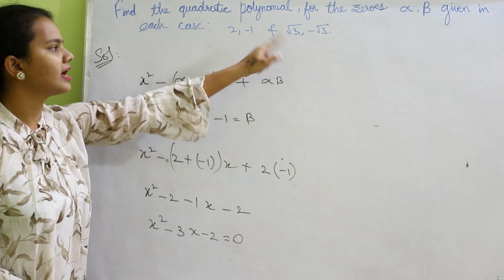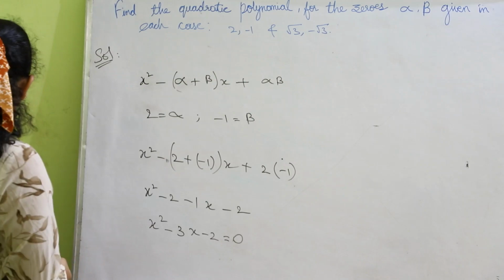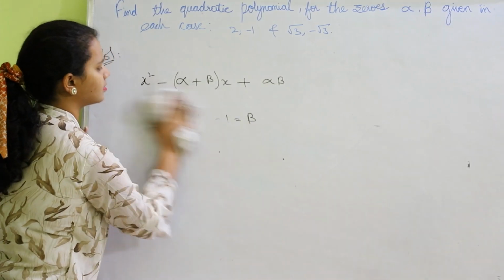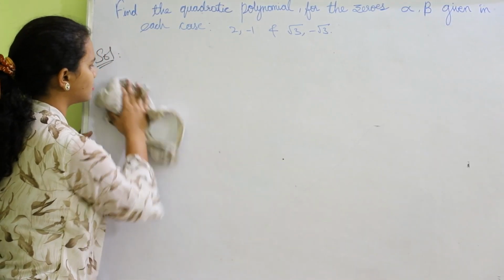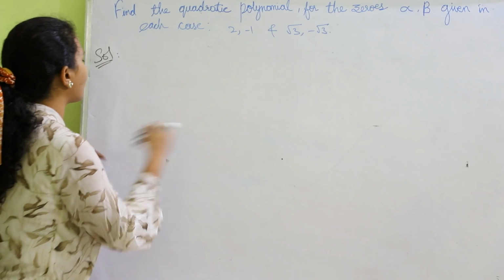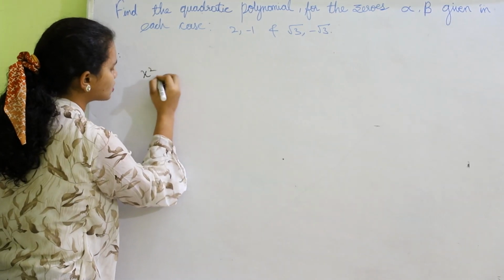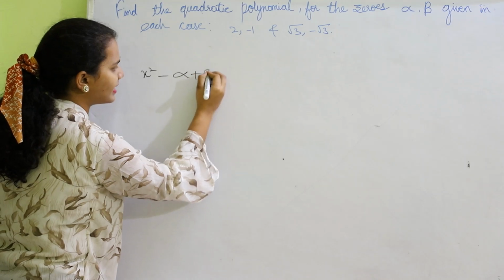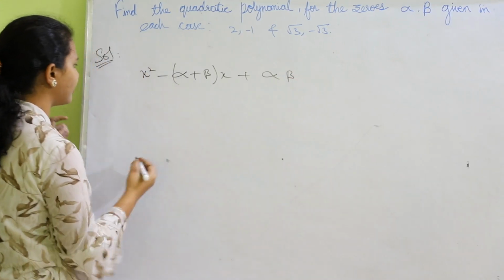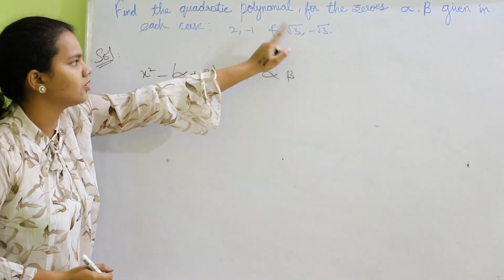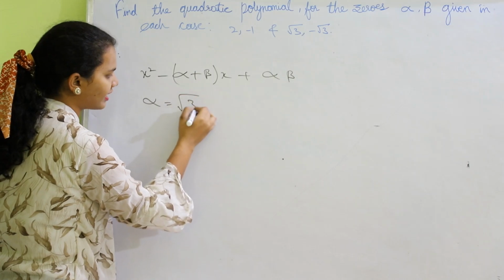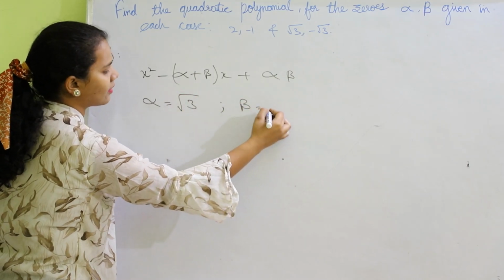Now let me go for the second one. Here you have root 3, minus root 3. This is the formula that we used previously: x square minus (alpha plus beta) x plus alpha into beta. Here the alpha value will be root 3, and let's consider the beta value as minus root 3.